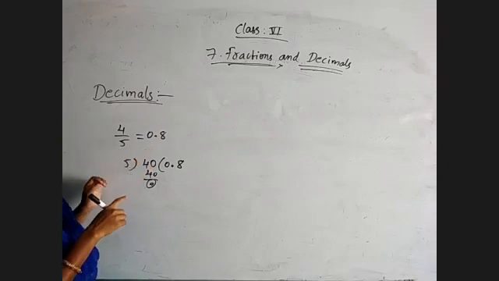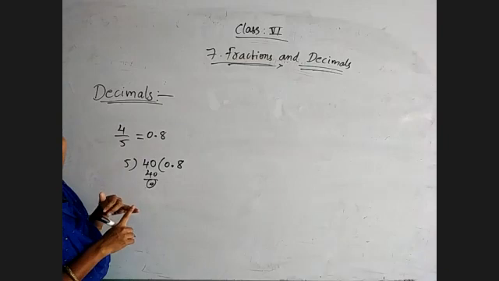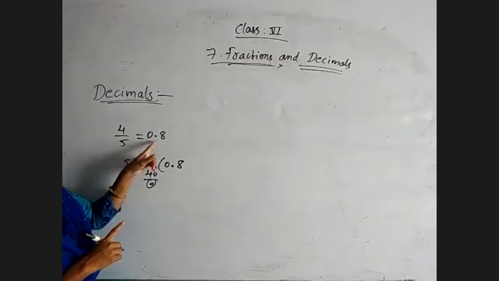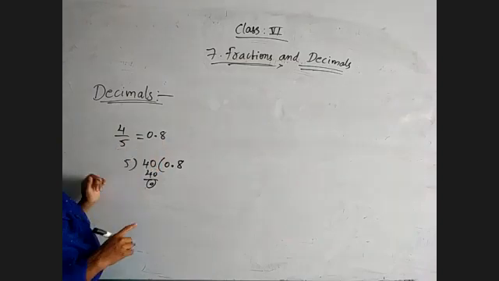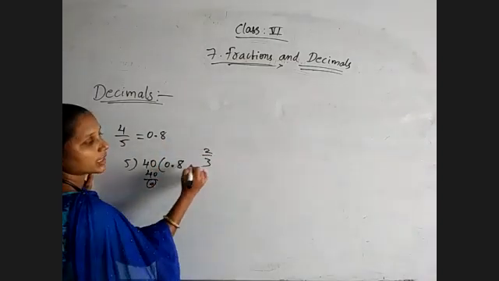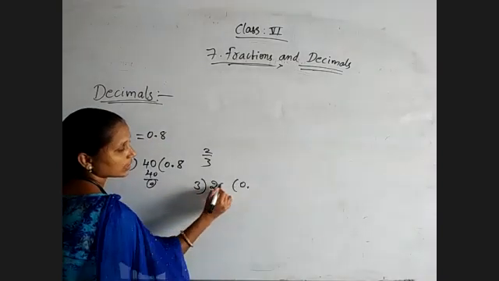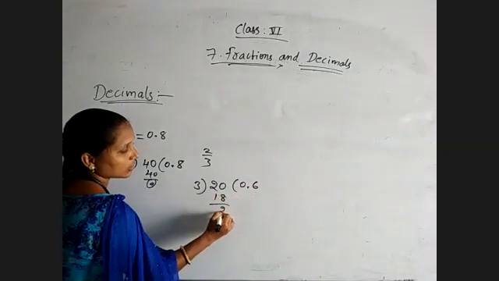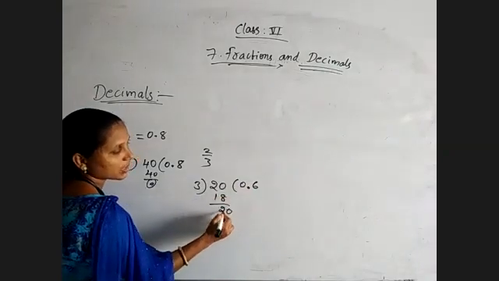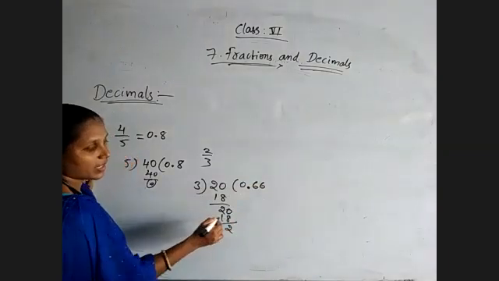But here also we have types of decimals: terminating and non-terminating. If after the decimal point a countable number of digits are there, it is a terminating decimal. Suppose I have 2 by 3. See, 0 point, so 0, we get 20. 3 6s are 18. Again I will get 2. Because of the point we can keep 0. 3 6s are 18. Again we will get 2. Means it will continue.